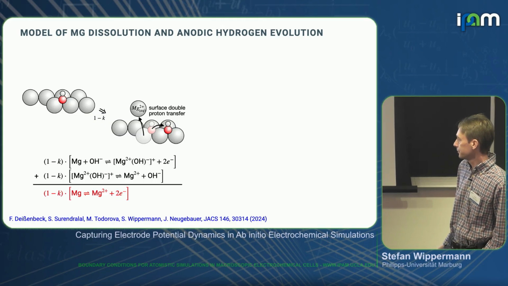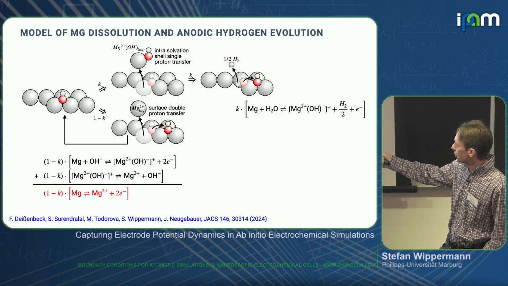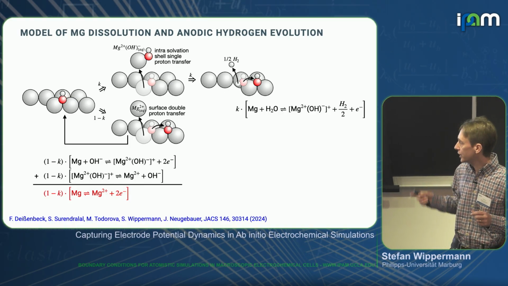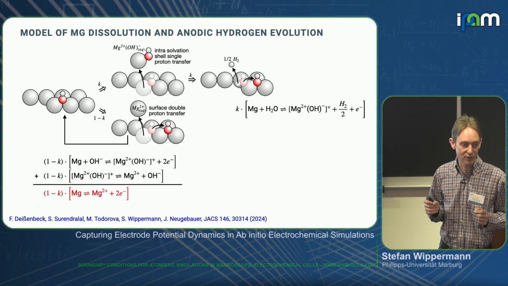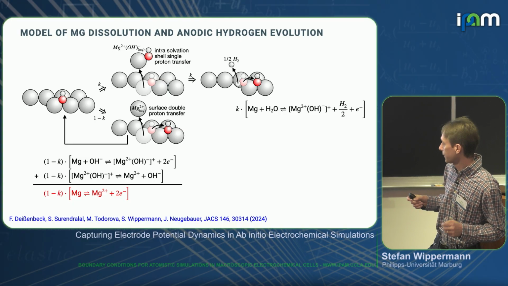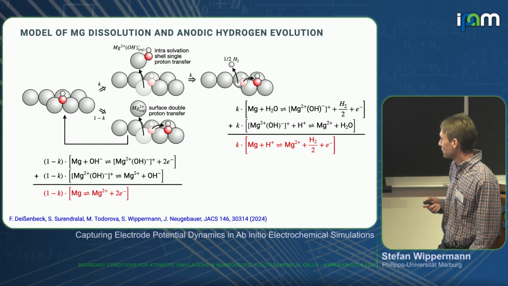But there's a different pathway. The second pathway, there the Mg2+ OH- goes off into solution as a complex. We can find both pathways actually in the ab initio simulations. Can directly observe both of them. I think we don't need to go through all the reaction equations.